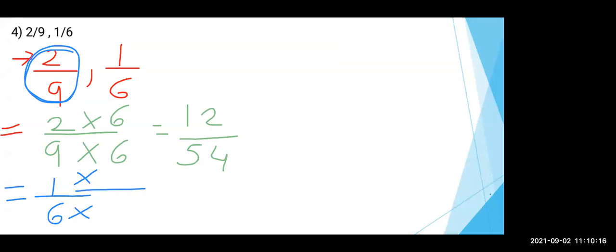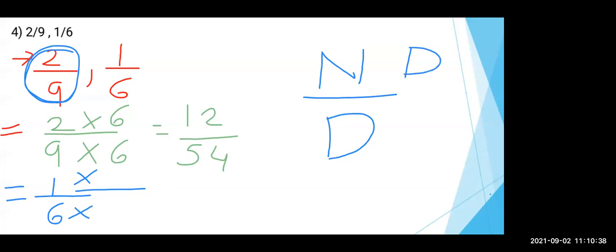Very nice. Denominator and numerator, you people are learning from class 2nd, 3rd, 4th. Numerator is always up and denominator is always down. And you're telling this is denominator and this is numerator.